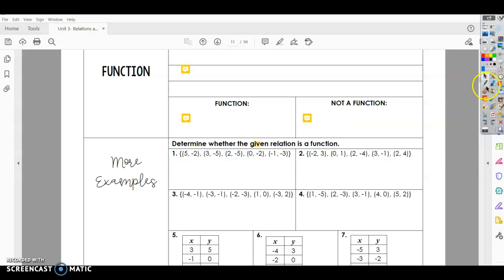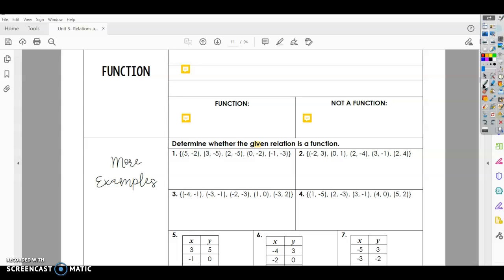All right, let's look at some examples. Determine whether each relation is a function. For example 1, you're going to be looking at only the x values. You only worry about the domain when you're talking about a function.